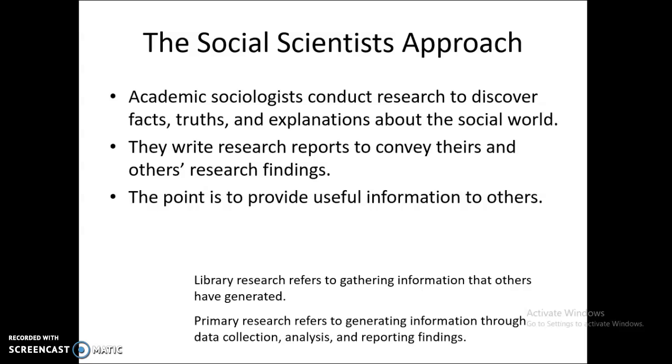So they write reports which mainly convey their findings, and they base their findings on previous studies to identify gaps, so they document this and show how their studies will bridge those gaps.